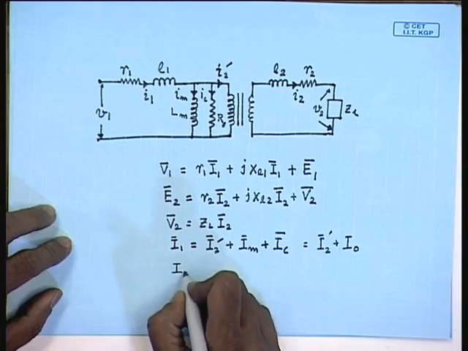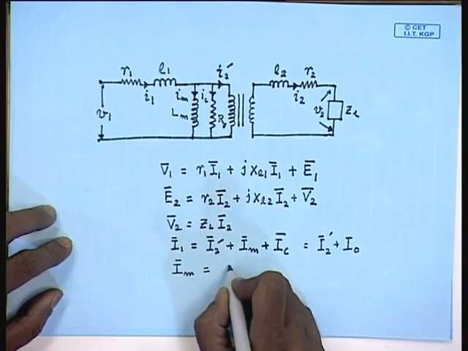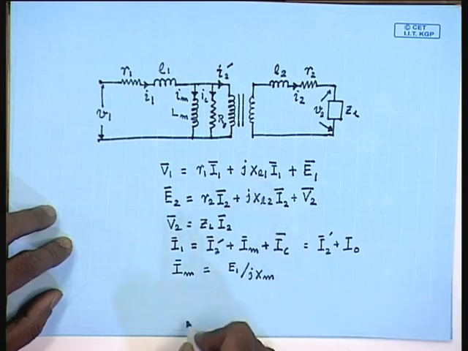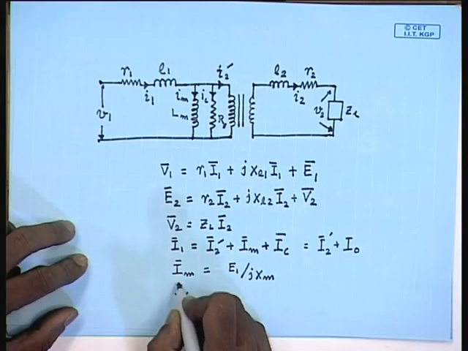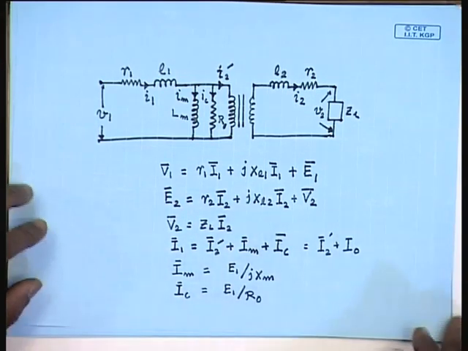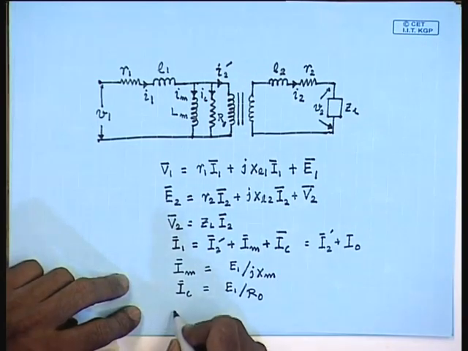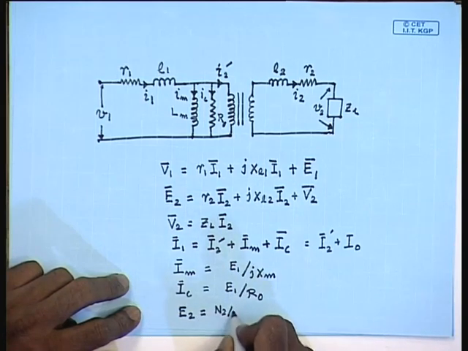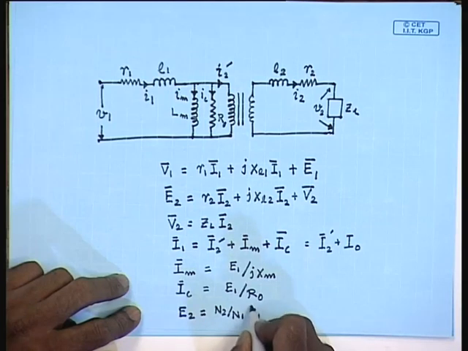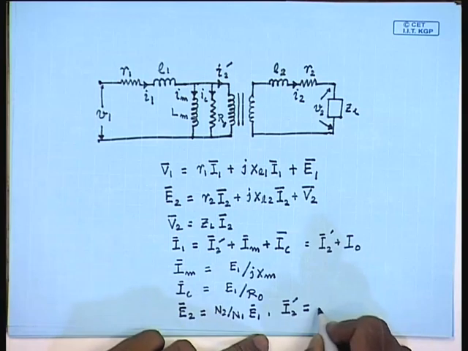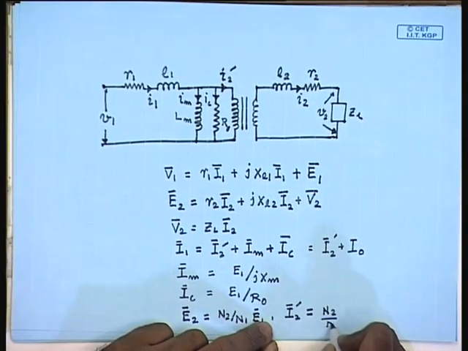IM equal to E1 by JXM, IC equal to E1 by R0, E2 equal to N2 by N1 E1 and I2 dash equal to N2 by N1 I2.